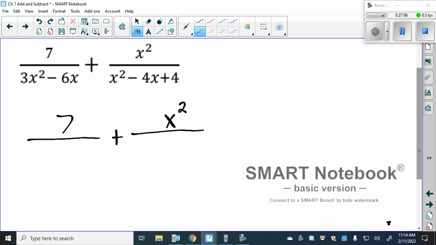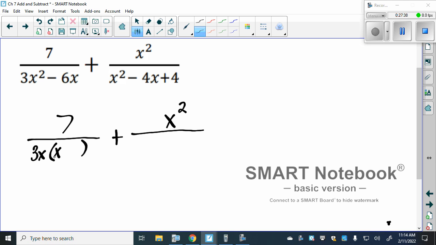Now for the first one, 3x squared and 6x do have a greatest common factor of 3x. Now if we factor the 3x out of 3x squared, we'd be left with x, because really we're dividing by 3x, and 3x squared divided by 3x, the 3 over 3 would simplify.